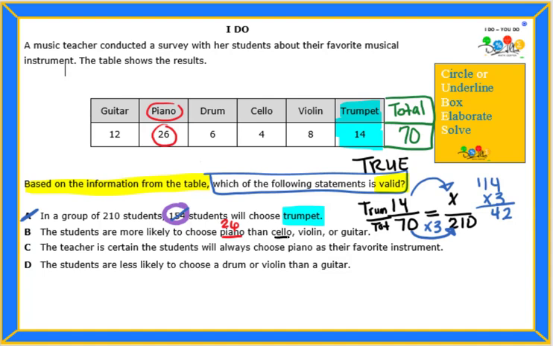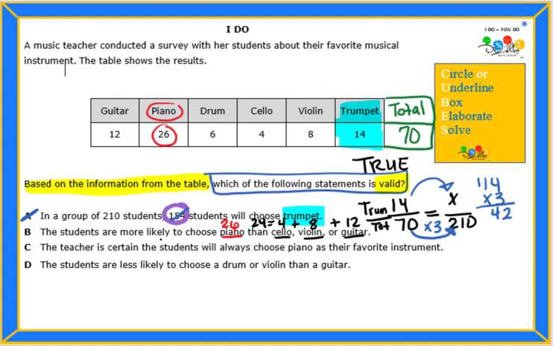So for cello, I have 4. And for violin, I have 8. And for guitar, I have 12. And we're going to put those together. So 4 plus 8 is 12, and 12 more is 24. So here, this is equal to 24.